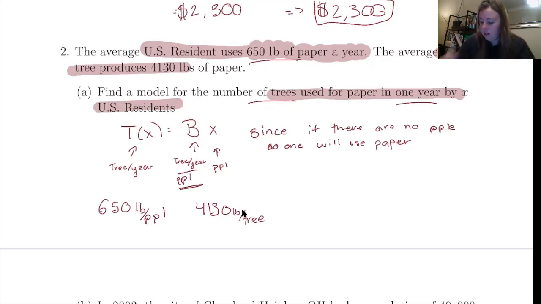And you can also think about it as, okay, if I am going to use 650 pounds and a tree uses that many, that's more than what I'm going to use. So I'm going to use a fraction of a tree. What's that fraction? It's 650 over 4,130.